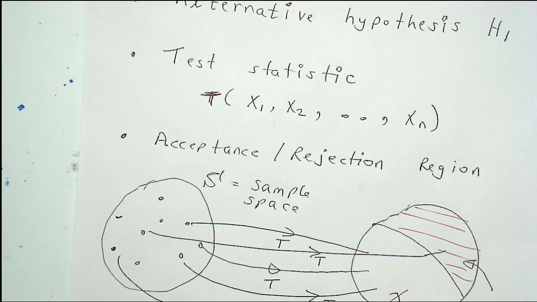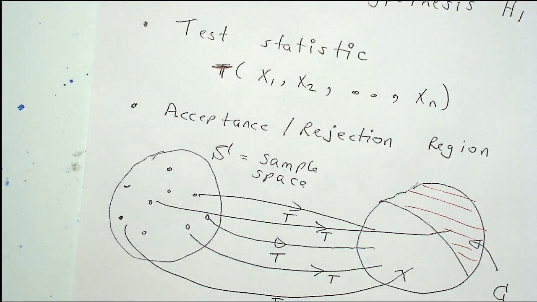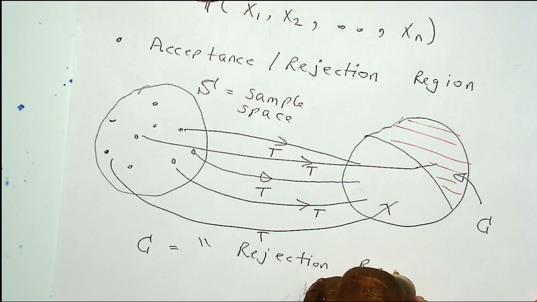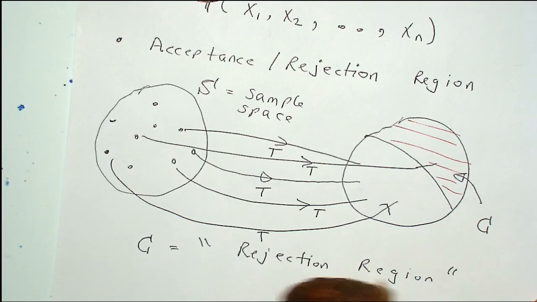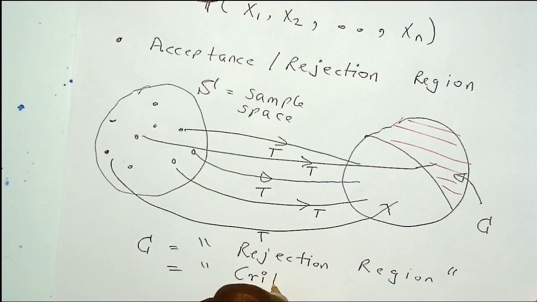And the region that is not shaded is the complement of C. Basically C is the rejection region, and sometimes it's also known as the critical region, and the complement of C is the acceptance region.